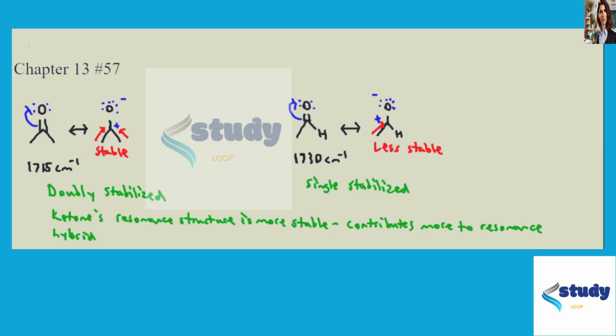And so the ketone's charge-separated resonance structure is going to contribute more to the resonance hybrid for that molecule than will the corresponding resonance structure for the aldehyde. The ketone carbonyl has more single bond character, so its absorption is a little lower than the aldehyde's. And that's the answer to Chapter 13, problem number 57.